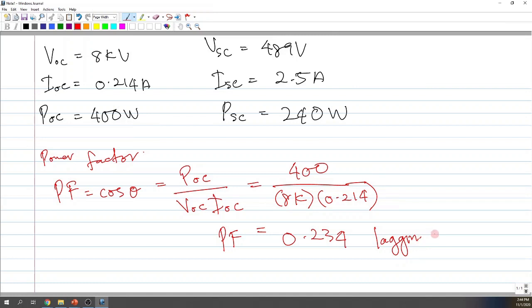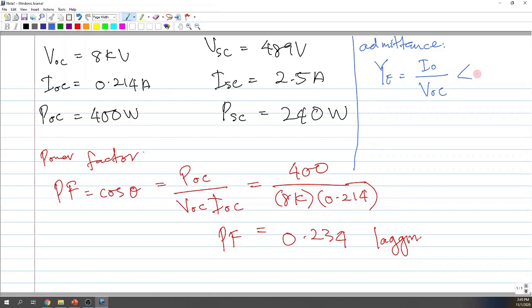So what else kita boleh cari kat sini? Okay, so yang kedua kita boleh cari adalah dia punya admittance. Okay, what is the admittance? Dia adalah YE equal to IOC over VOC.